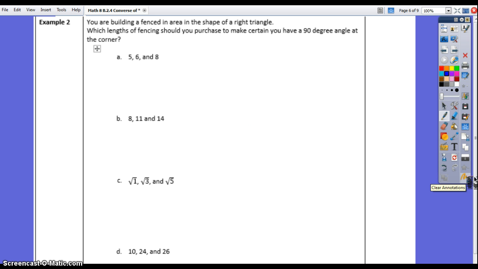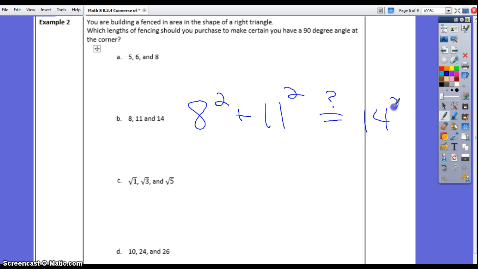All right, one left, and after you get the right answer for this one held up on your board, you can start pages 5 and 6 in your packet. So 8 squared plus 11 squared, does that equal 14 squared? So 8 squared is 84, right?